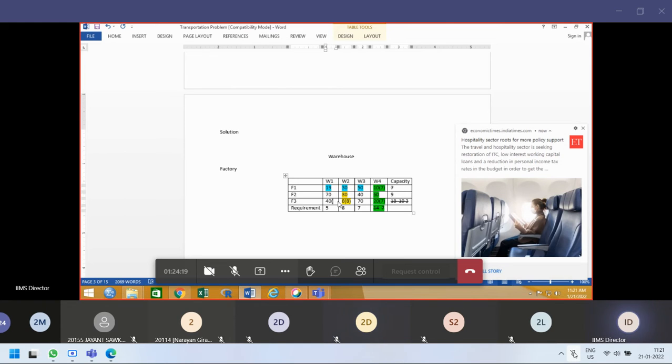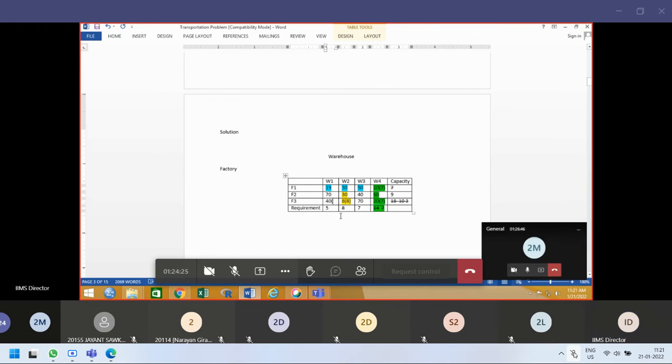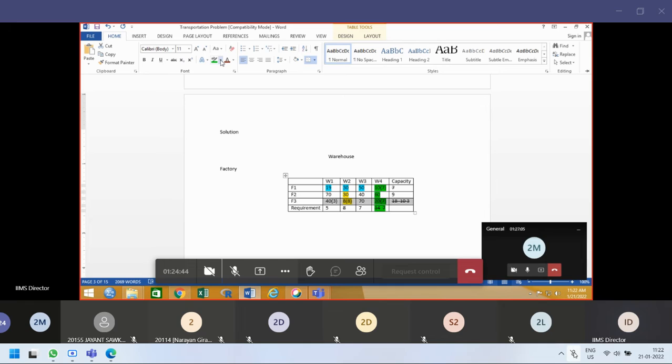Now how much can I allocate here? 3. Why? Because this 3 is small, this is 5. So 3 is allocated. Fine. Now, once 3 is allocated, this is completely blocked.